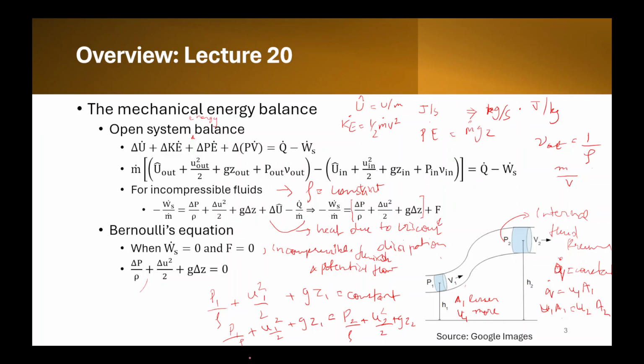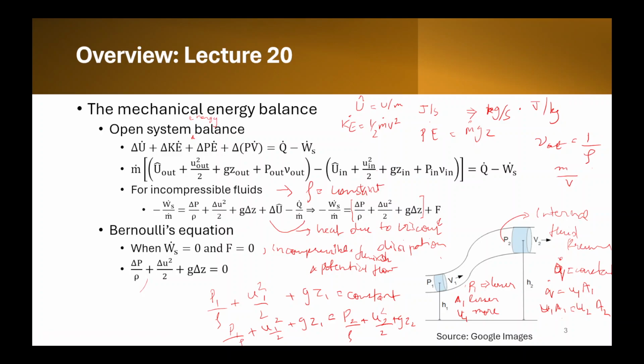And from Bernoulli's theorem, we can also say that to compensate for this more velocity, the internal fluid pressure here will be lesser as well. So this gives us the relation between the internal fluid pressure, the velocity, as well as if there is any change in potential.